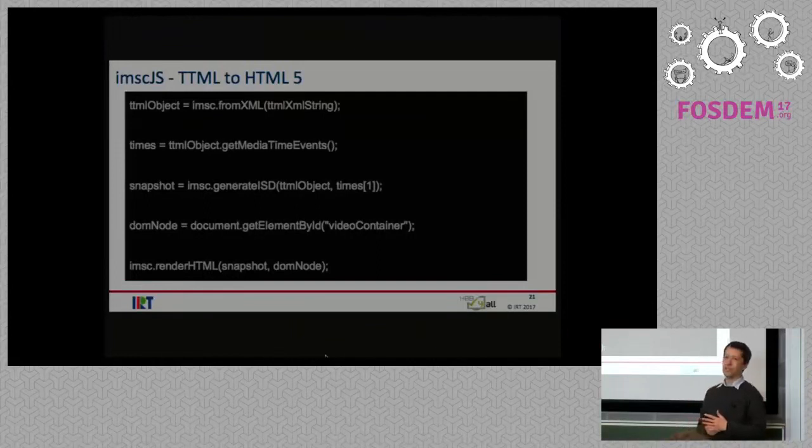This is called in TTML language an intermediate synchronic document. I just call it a snapshot here. And then if you have a div where you want to insert your subtitle HTML, you just give the snapshot and the DOM node to the renderHTML function of IMSC, and it inserts and renders it under the DOM node. So I think it's really quite easy to use, and it has a really good coverage and it's very standard conformant.